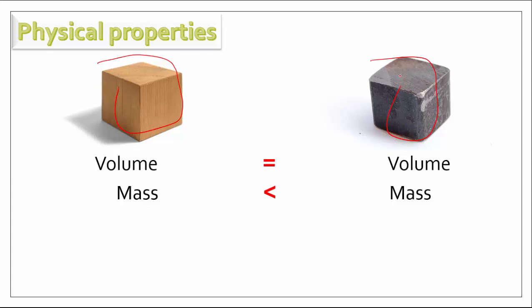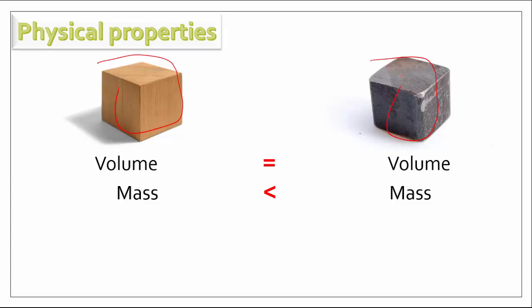This happens with all matter around you. No 2 different matters have the same mass and volume at the same time. Never. If they have the same volume, they must have different mass. If they have the same mass, they must have different volume.